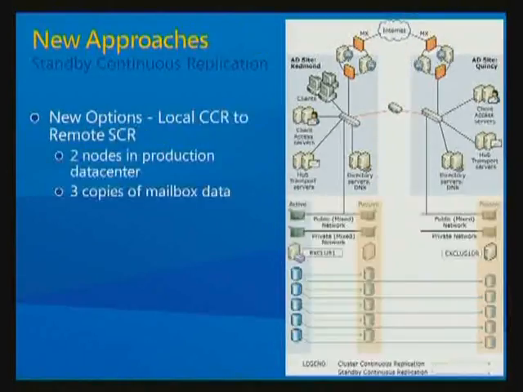You can also have a local CCR, which would give you the local redundancy, to an SCR target remotely for your site resiliency. Now you've got 3 copies of the data.